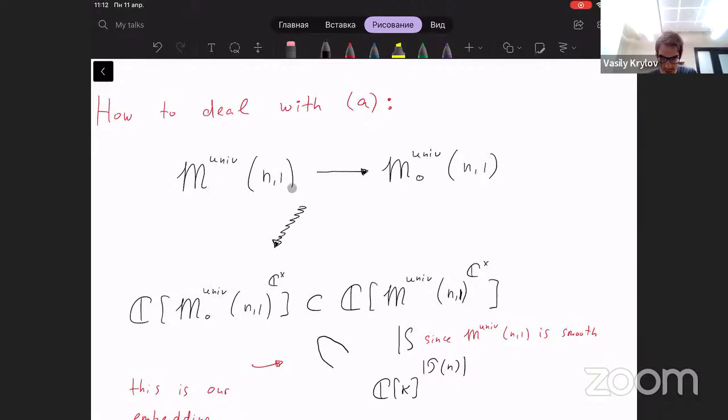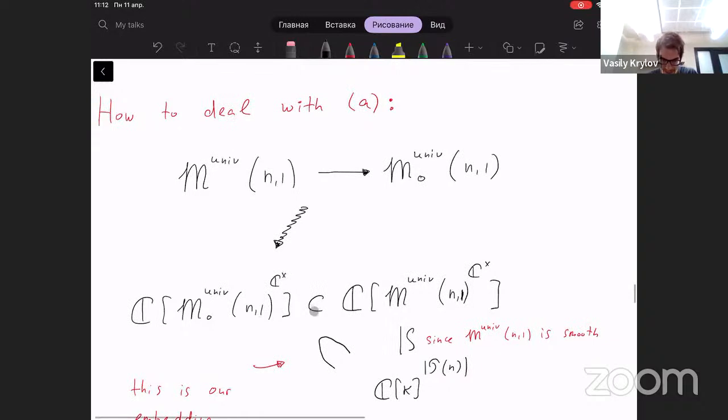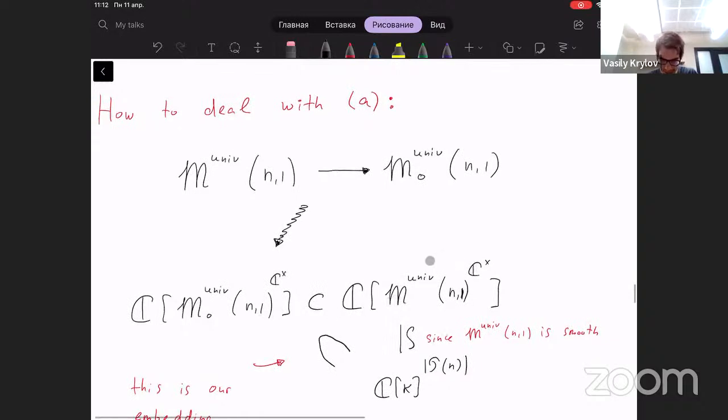And this resolution certainly is C-times equivariant. So it induces the embedding at the level of functions on fixed points. Functions on fixed points here embed inside functions on fixed points there.